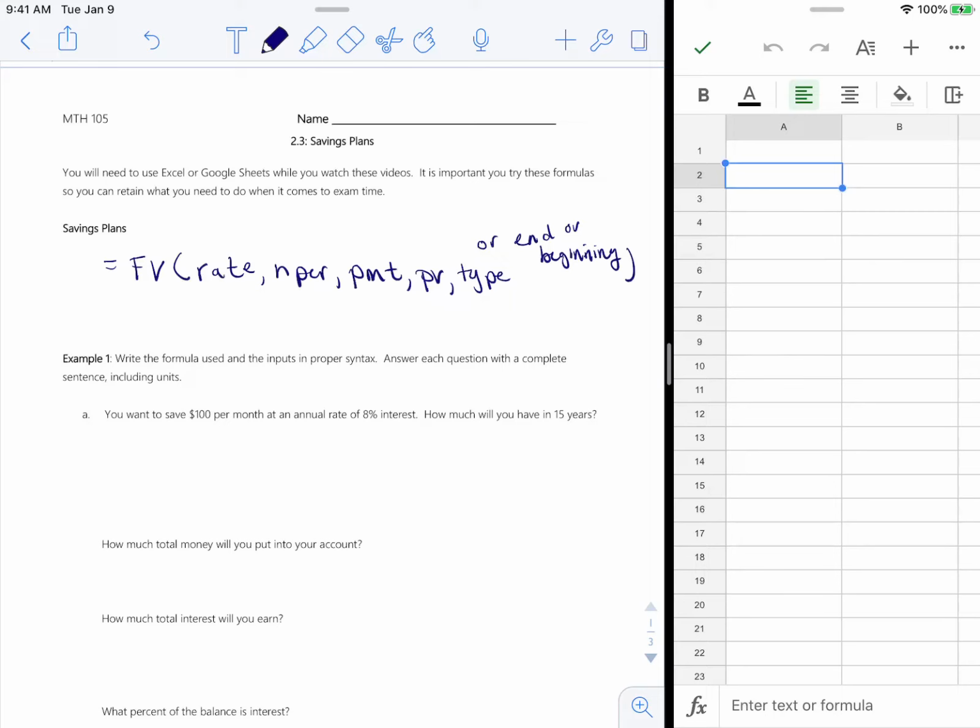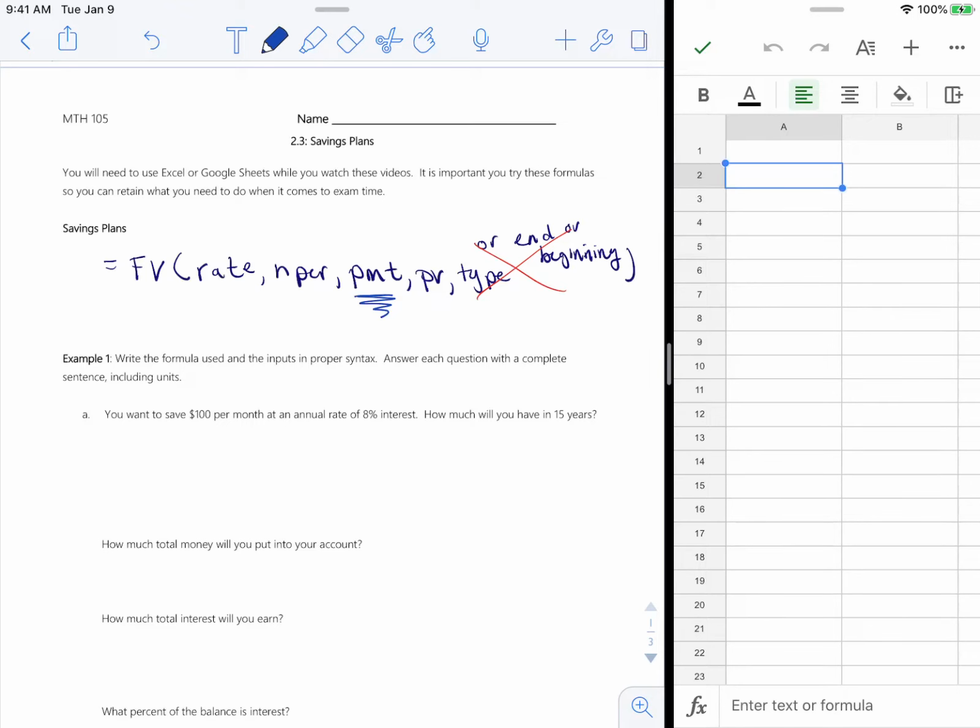Remember, we don't have to use this one. That's more accounting than this class. So up until this point, our payment has been 0. That might change for us for our savings plans.